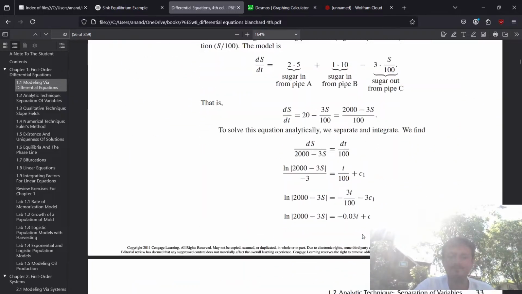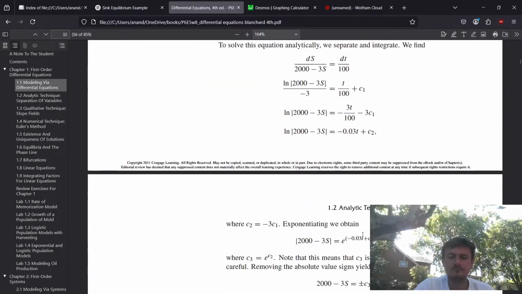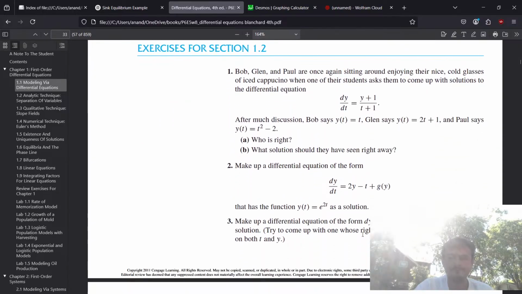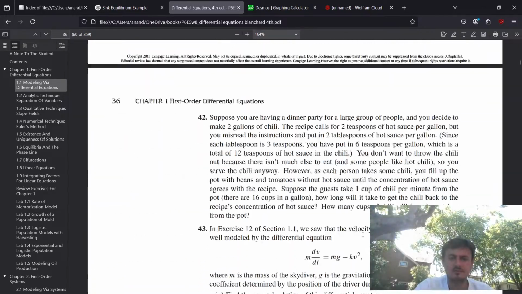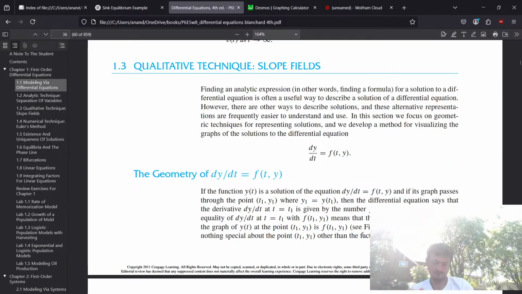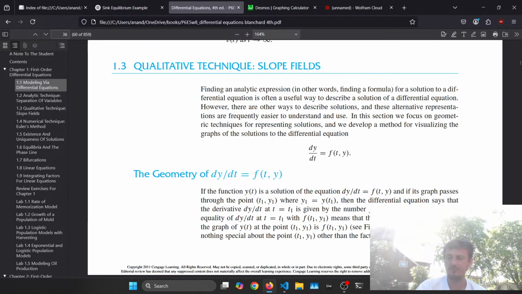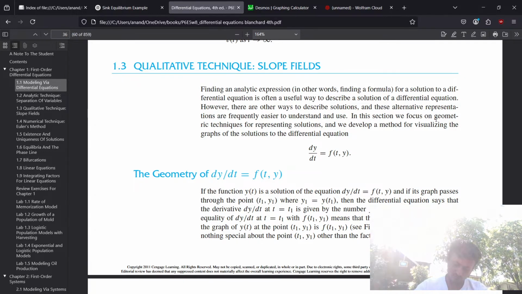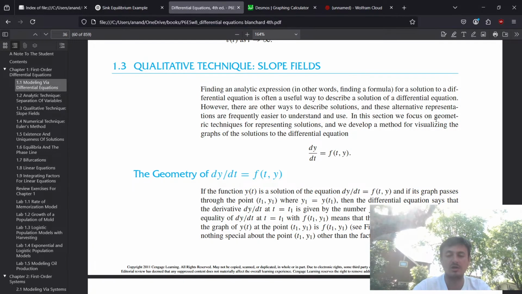Mixing in a vat. Okay, it's more integration. Okay, great. This is going exactly how I wanted it to go. It's a relatively fast notes section, and then we just do a bunch of problems.